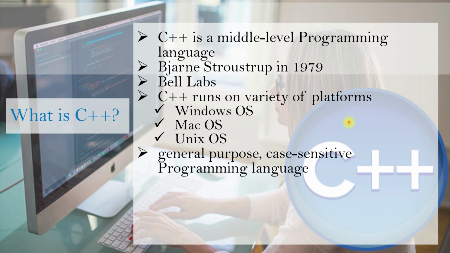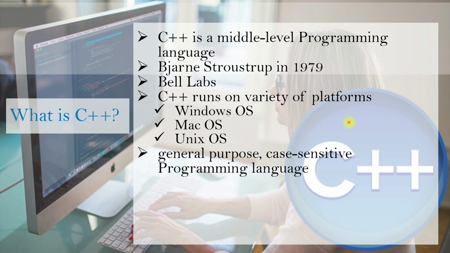It means we can use that programming language for making different applications. For example, by C++, we can make a text editor, we can make another operating system, we can make a game.